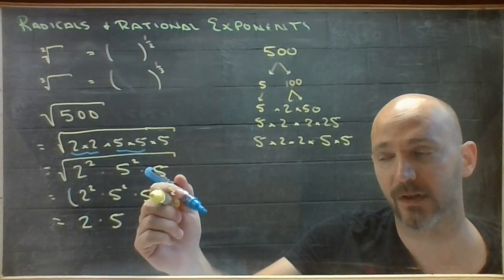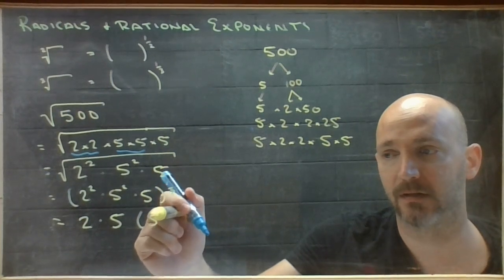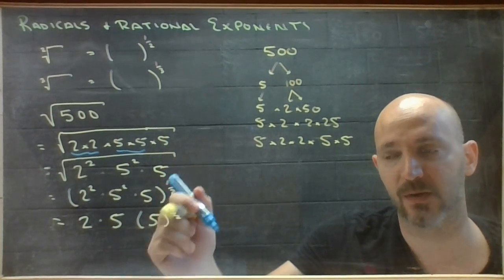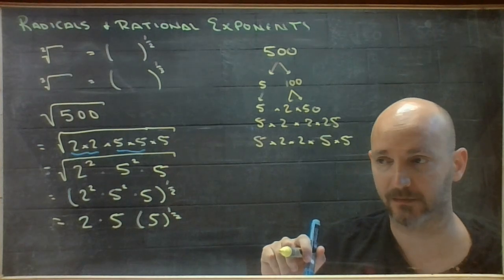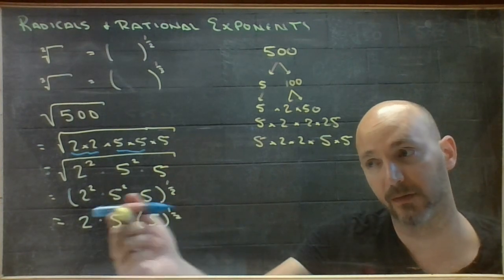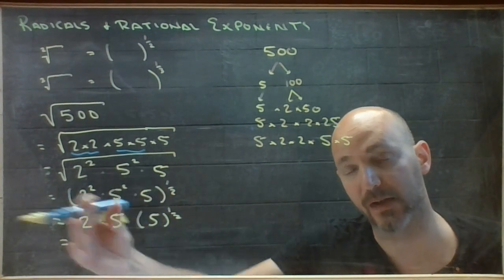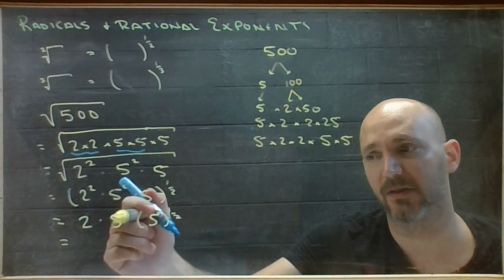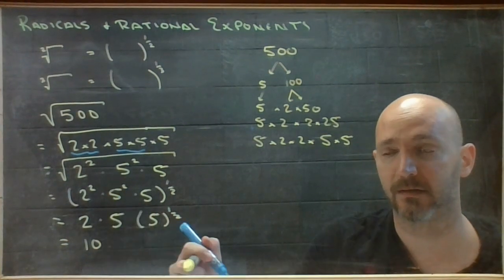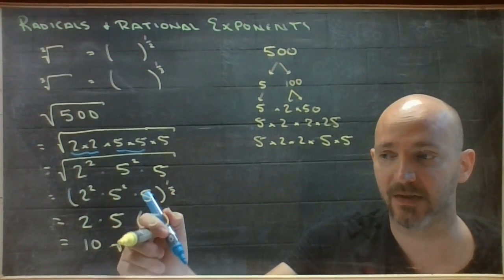And the half works on this 5, but there's no squared to neutralize that one. So when I look at it, these pieces were able to come outside of the radical. 2 times 5 is 10. And this piece has to stay inside the radical.